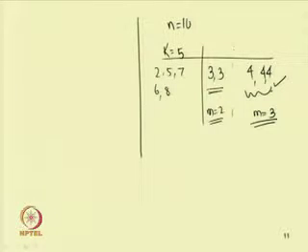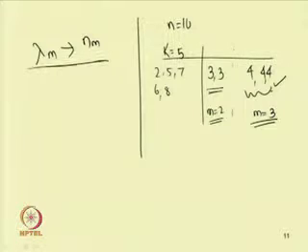So, let us assume that the eigenvalue lambda m has multiplicity n m. For example, in this case one eigenvalue has multiplicity 2 and another has multiplicity 3.